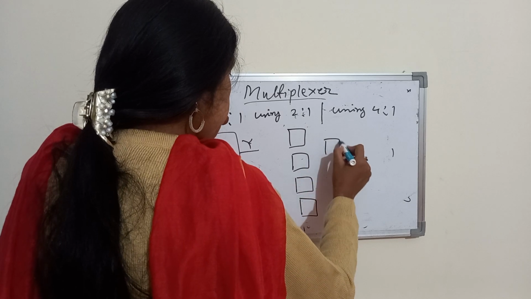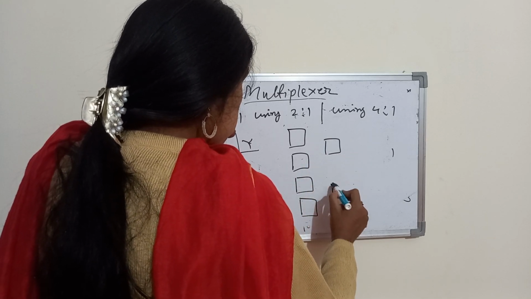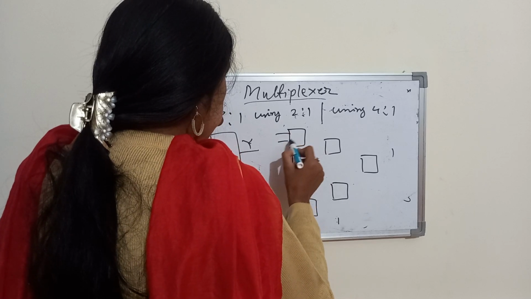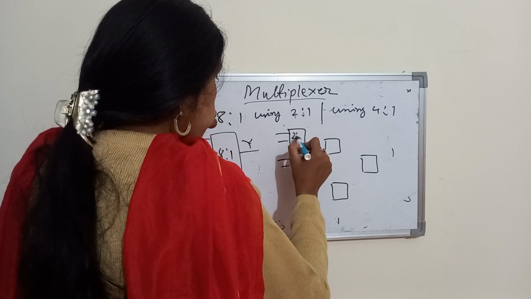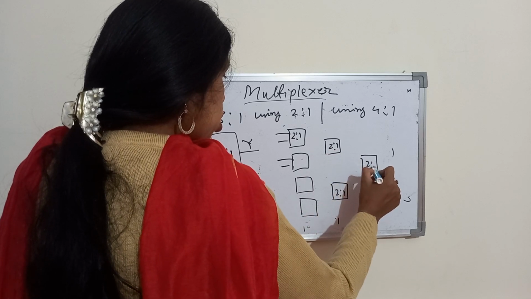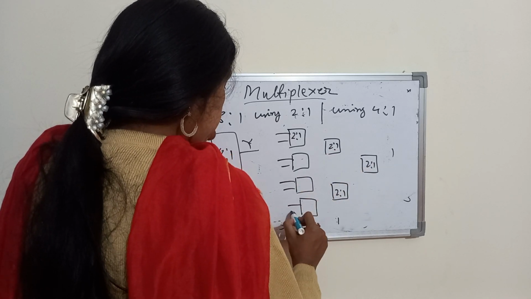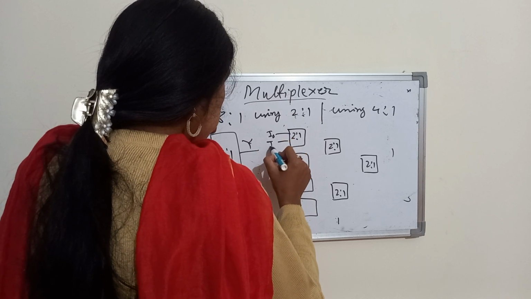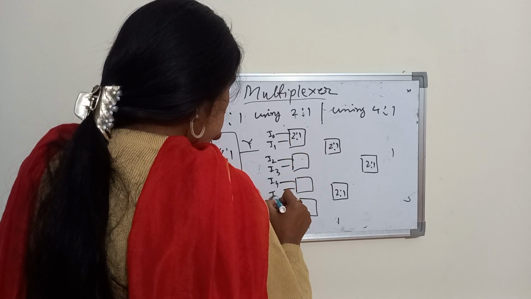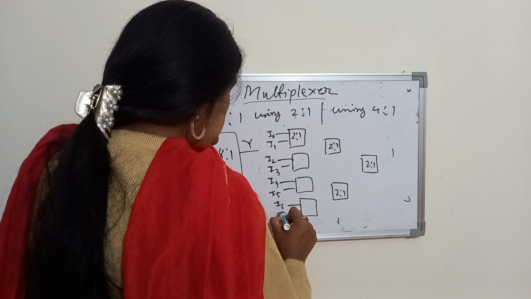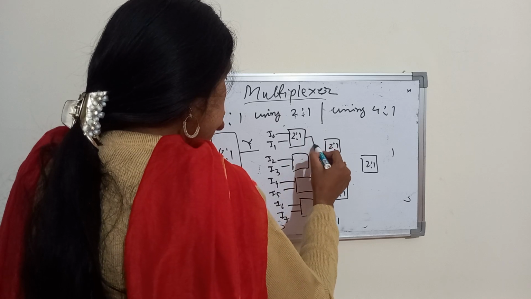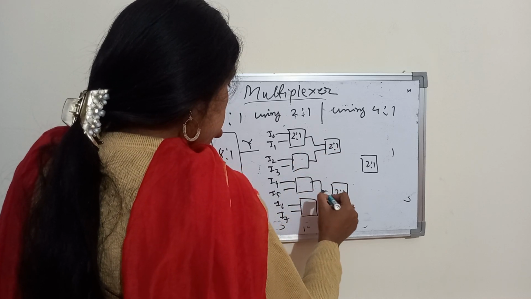Here I am putting 2 lines, right? In 2:1, 1 mux is there. So I0, I1, I2, I3, I4, I5, I6, I7. These two will come here, this will come here.